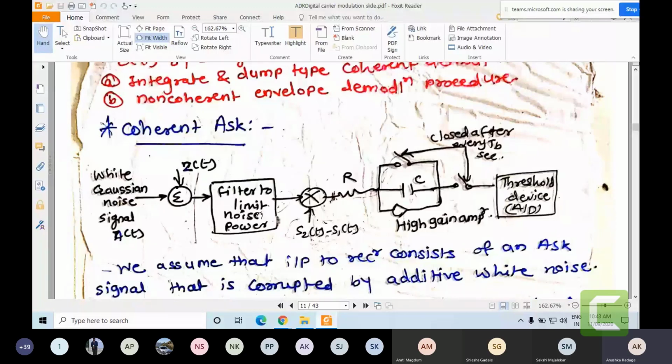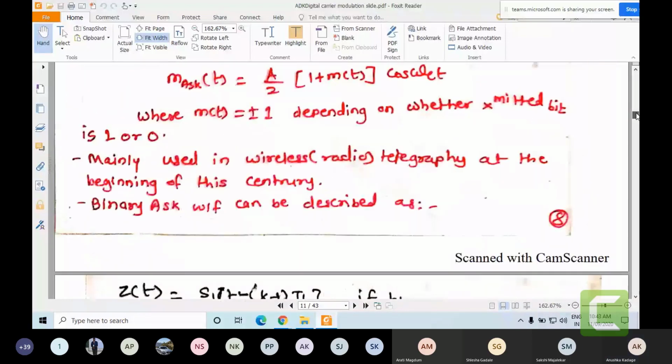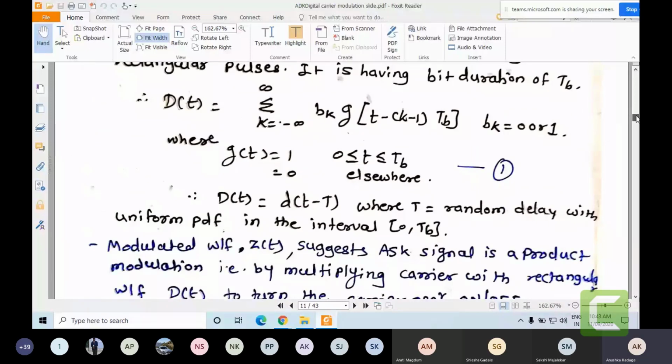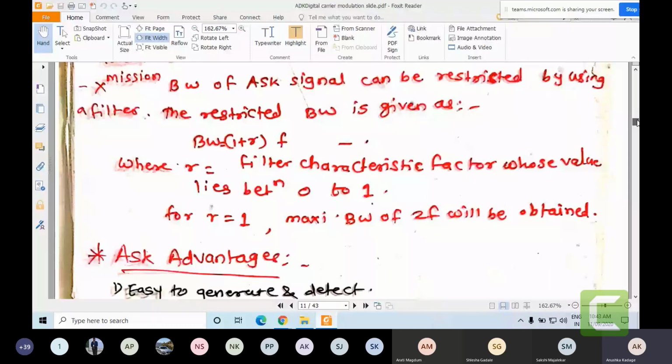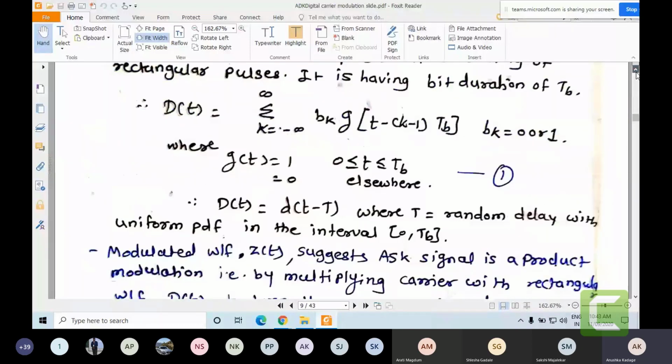After getting the noise filtration done, the signal component that we are going to get will be multiplied with this difference signal of S2(t) minus S1(t). Now let's remember that for the ASK signaling scheme, at the initial stage, we have mentioned that S1(t) is 0 and S2(t) is A cos of omega c t.